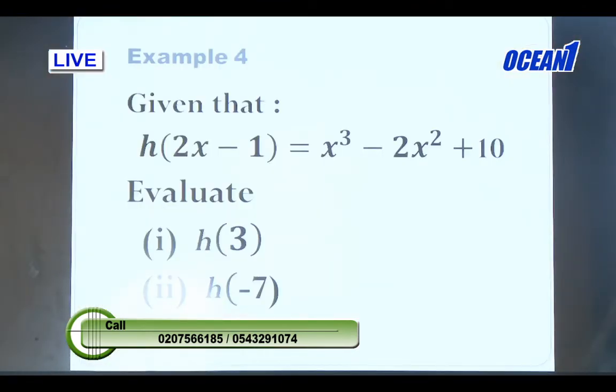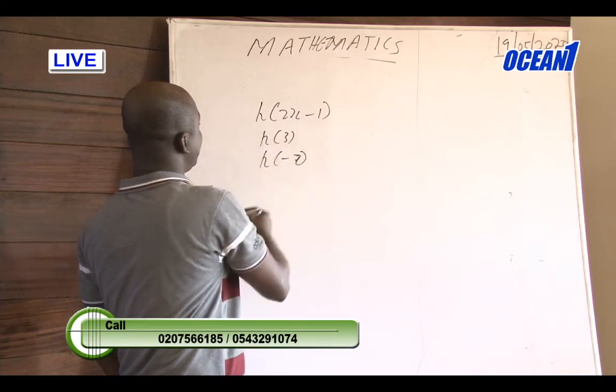Is it the I or the II? The II. h of minus 7. So if h equals minus 7, then yes.